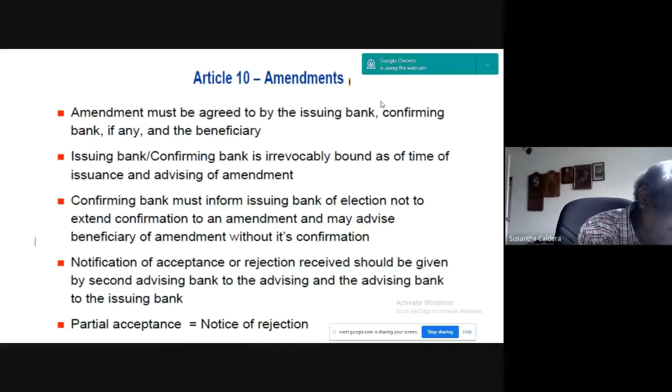UCP 600 up to Article 9, Article 10 to start.